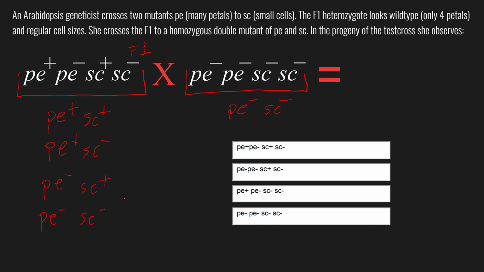So each of these can go in combination with the only gamete that this other parent can produce, right? So this is what we call a test cross. And the reason why we call it a test cross is because the only genetic element that is going to define the phenotype is the contribution of the dihybrid parent, right?